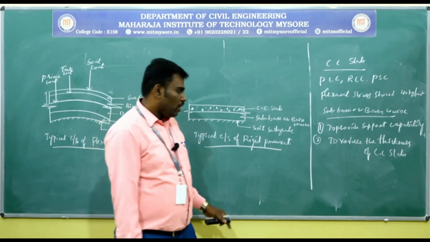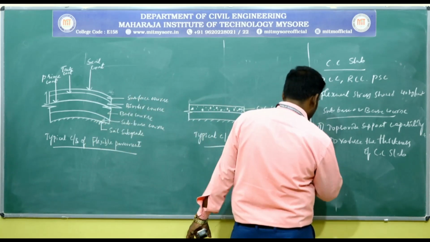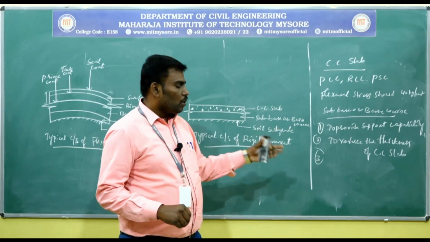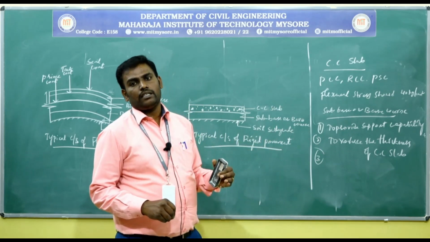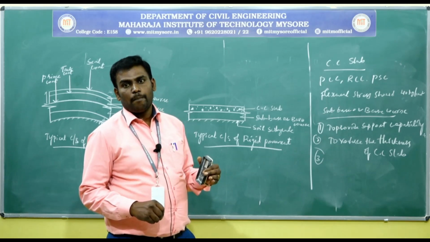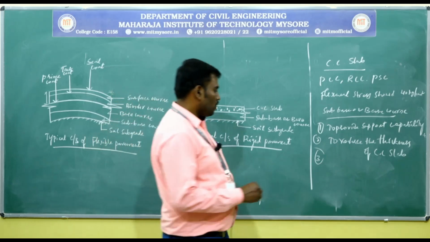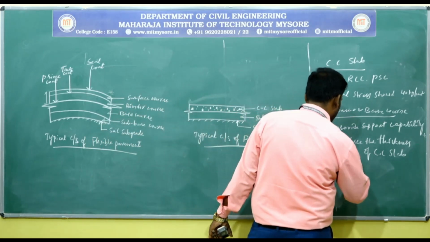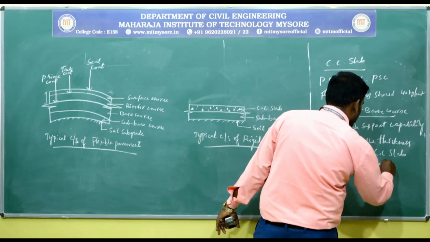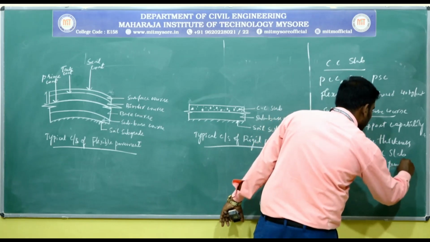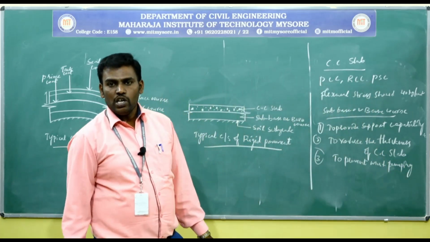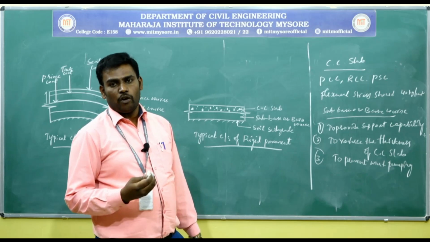Okay, and number 3 is to prevent mud pumping. What do you mean by mud pumping? Ejection of soil slurry through the joints and cracks of the pavement.